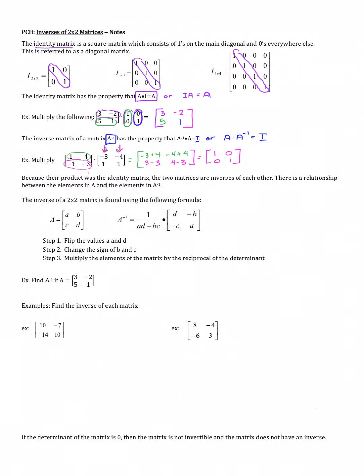So that means I could call this A inverse, I could call this A, and we got ourselves the identity matrix. Now, it doesn't matter which order you multiply the inverse by itself, you will still get the identity matrix, okay? So in other words, they are inverses of each other.